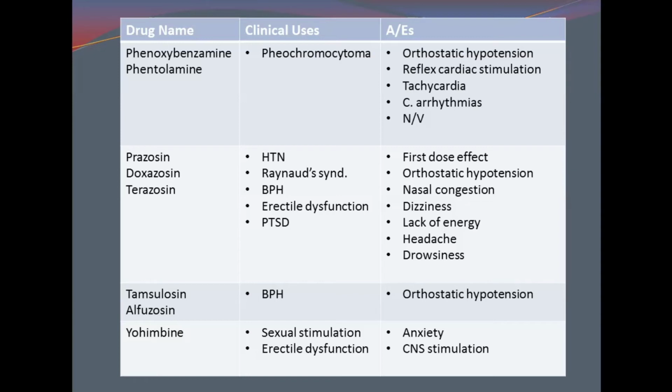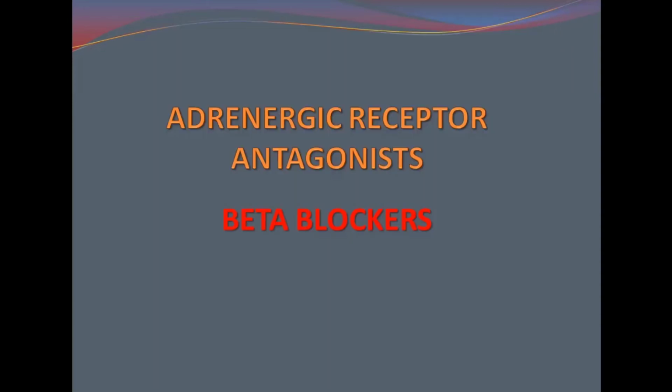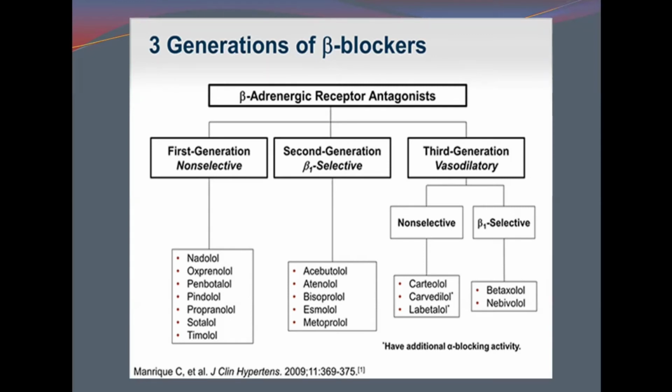The second type of adrenergic receptor antagonist is beta blockers. Beta blockers are divided into three types or three generations. The first generation, so-called non-selective, binds with both beta-1 and beta-2 receptors and includes nadolol, pindolol, propranolol, timolol, etc. The second generation is beta-1 selective antagonists and includes atenolol, bisoprolol, esmolol, and metoprolol.